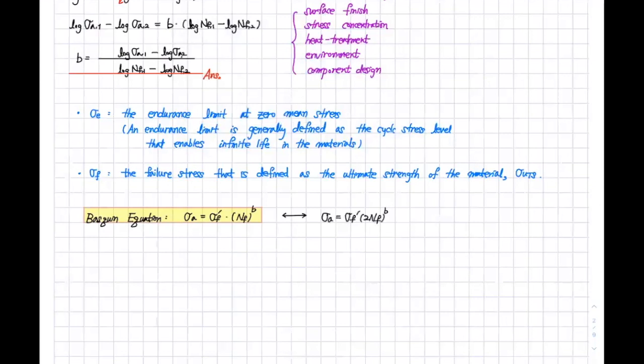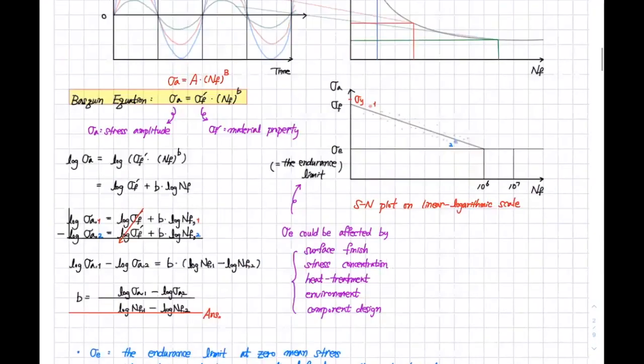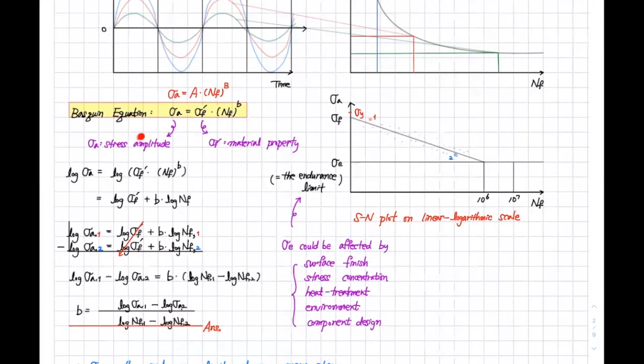As I mentioned, some people write A times N_f to the power of B, or some people actually write it like B. But honestly, these numbers don't make any difference because we're dealing with a logarithmic scale graph. As long as you understand the meaning of the Basquin equation, you will realize this doesn't make any difference.